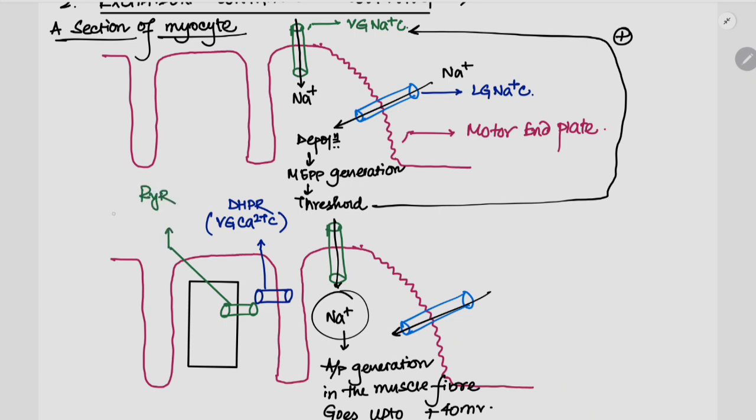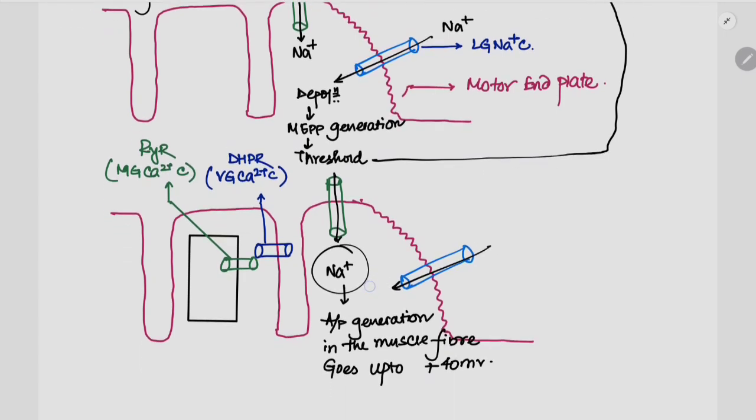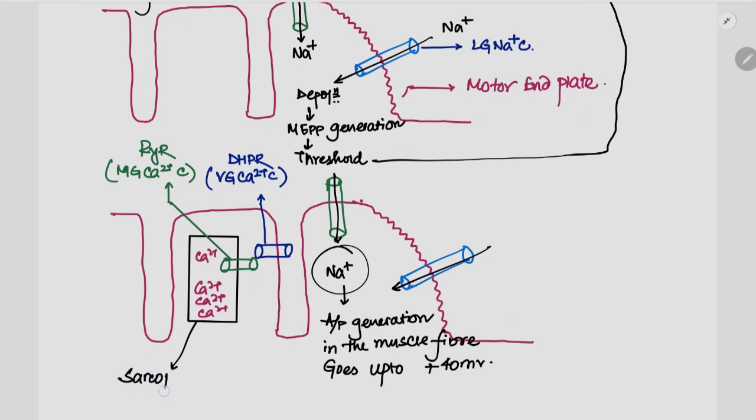Both are in proximity. Hence, by the influence of the voltage gated calcium channels, or the dihydropyridine receptors, the ryanodine receptor channels also open, in the sarcoplasmic reticulum. The sarcoplasmic reticulum is the main source of calcium here, so there is a large amount of calcium inside the sarcoplasmic reticulum.